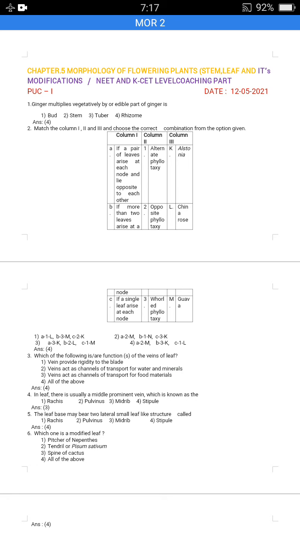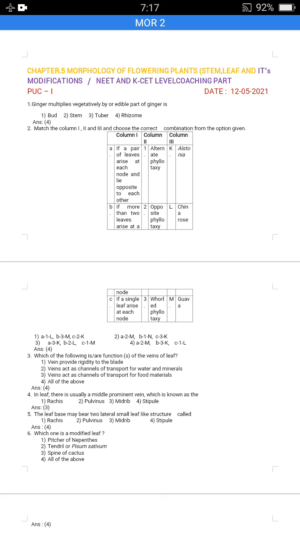So let us see first of all the definition for alternate phyllotaxy in column 1. What is meant by alternate phyllotaxy? Alternate type of phyllotaxy means a single leaf arises at each node in an alternate manner.